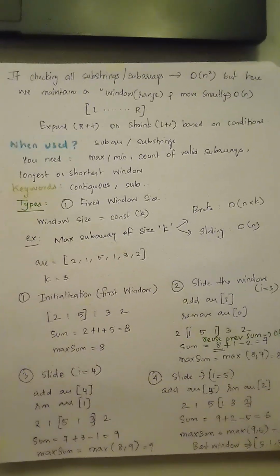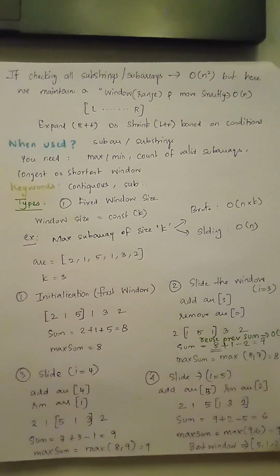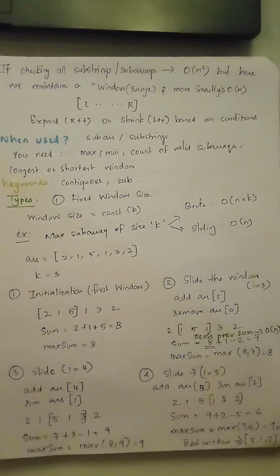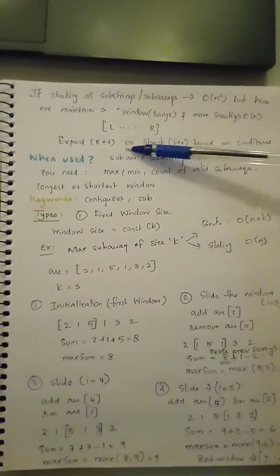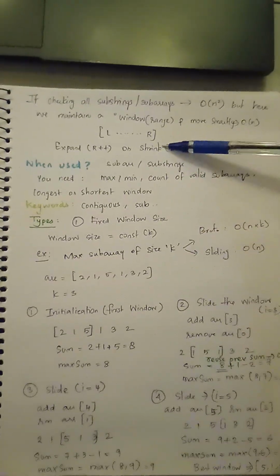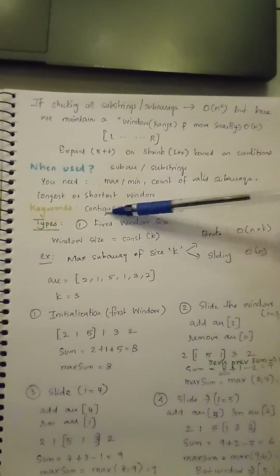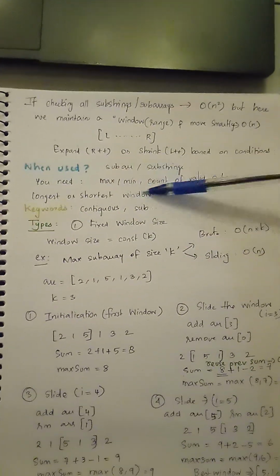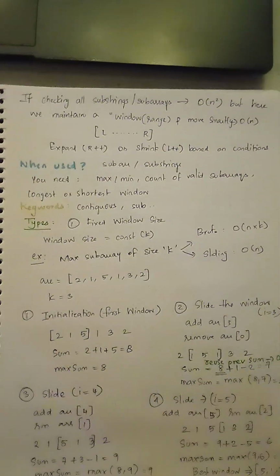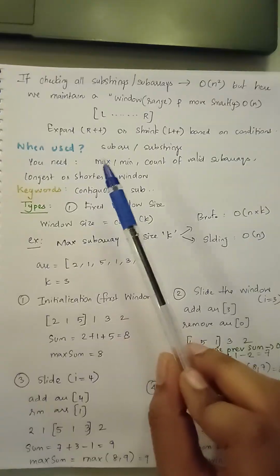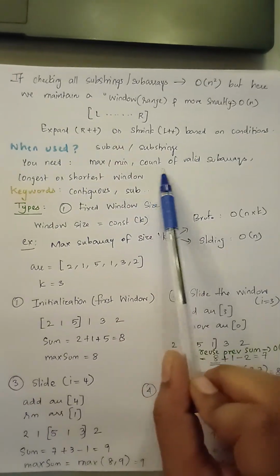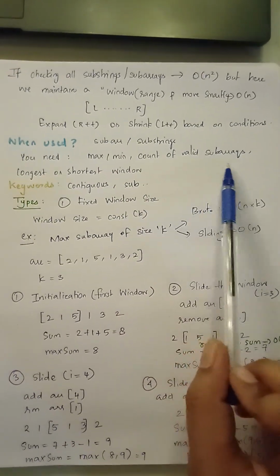We use this pattern whenever a problem mentions subarrays or substrings, and we find keywords like continuous and sub. We can also use this when we need to find a maximum or minimum, or a count of valid subarrays.